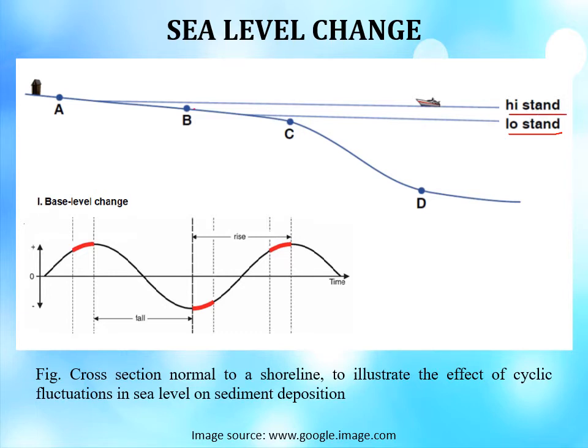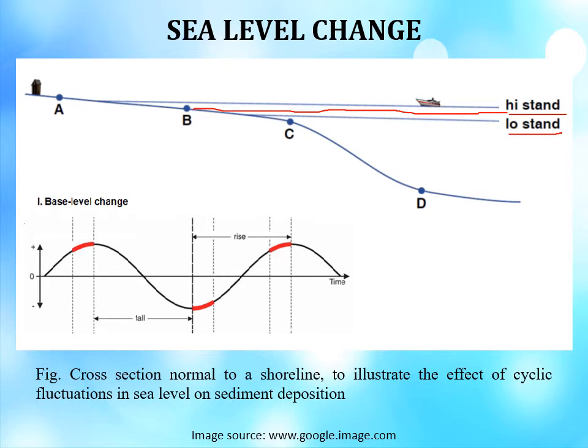Suppose B is the standard sea level, B point touching the standard sea level of present day, then the line above indicating the sea level is high stand sea level, that is higher elevated sea level, and the line below this red line is indicating the low stand sea level. So with respect to the present day sea level, we consider whether my sea level is in the higher values or in the lower values.